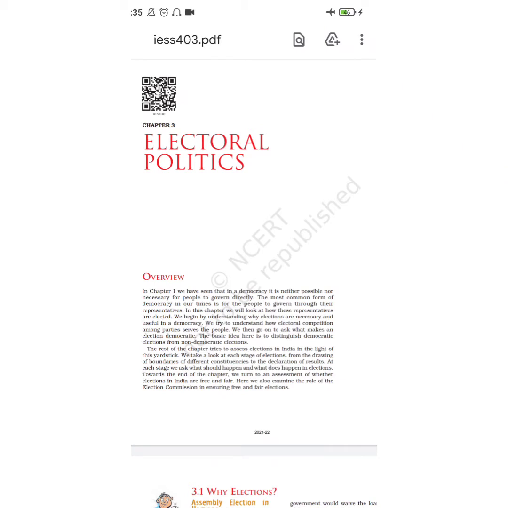So, class 9th, in today's session, we will be beginning with the third chapter of political science, which is electoral politics. And in this chapter, we will be dealing with how elections take place. We know that democracy is the most important part of our country. Without democracy, our country does not exist.